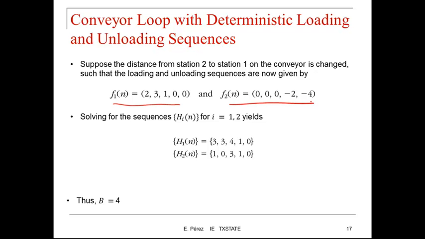By solving the sequences, by doing the procedure that we performed for the example discussed in class, and also for the lab, we can obtain the values for H1 and H2. Using those values, we can determine that the capacity required by using those new sequences for loading and unloading is now 4.